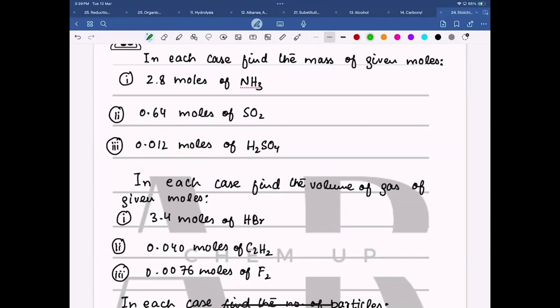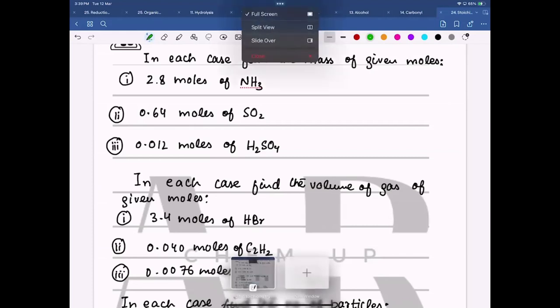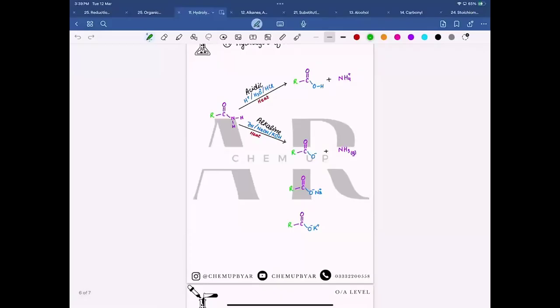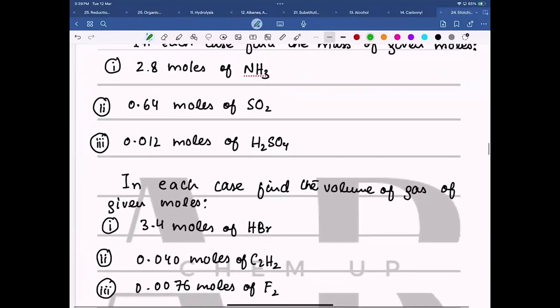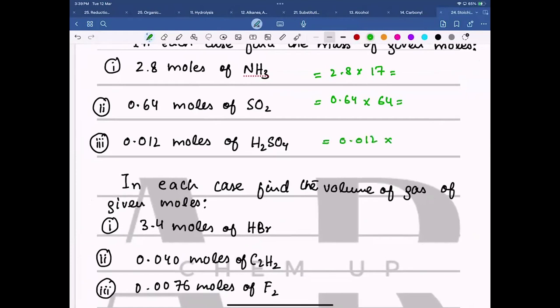Yes, how many you guys have done? First three are done. Here you have to calculate the mass. Isn't it like this? 2.8 times 17, then 0.64 times 64, and 0.012 times 98.